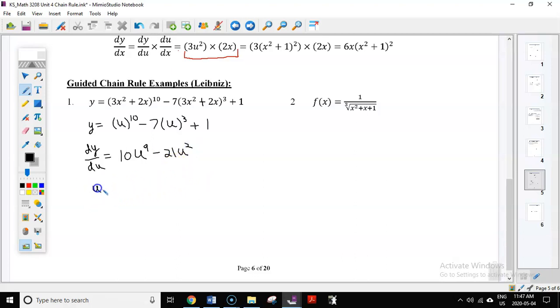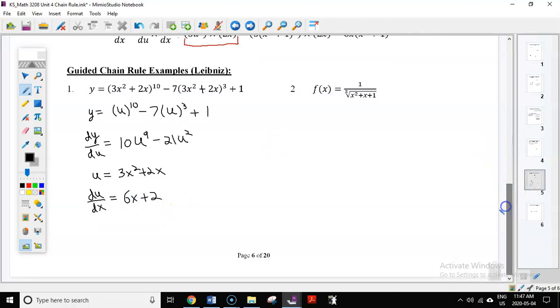Now we know u, we said u is equal to 3x squared plus 2x. And the other part of our answer requires du dx, which equals 6x plus 2. Now our final answer just means we multiply these out, but before we do that, we've got to put 3x squared plus 2x back in for u.